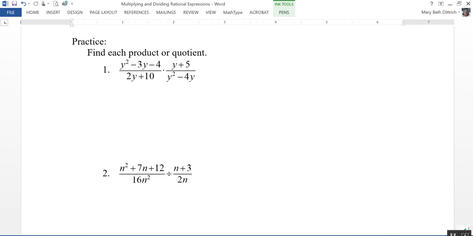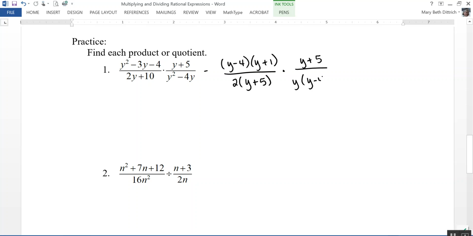Okay, let's take a look at these two problems. So for the first one, I need to multiply these two rational expressions, and I'm going to factor them first. So this factors into y minus 4 times y plus 1 over 2 times y plus 5 times y plus 5 over, and then here I can take out a common factor of y minus 4.